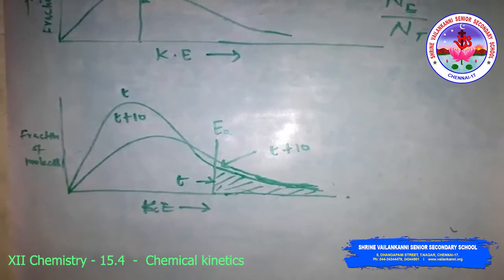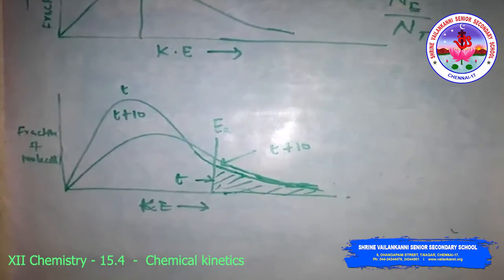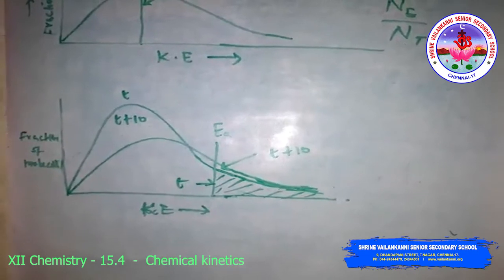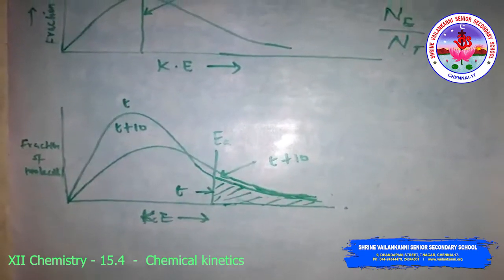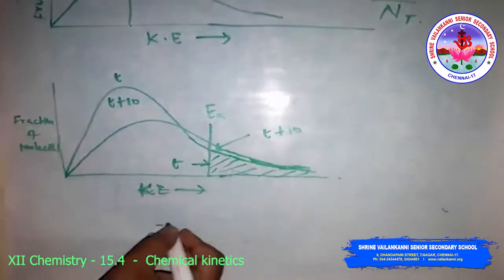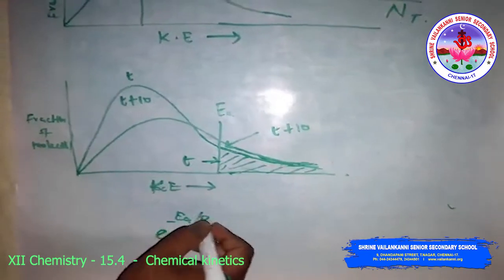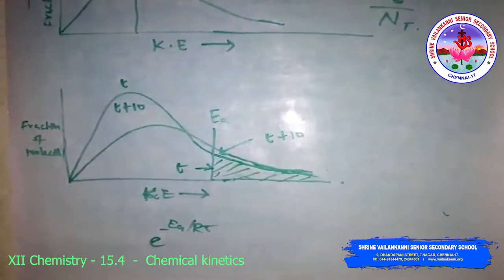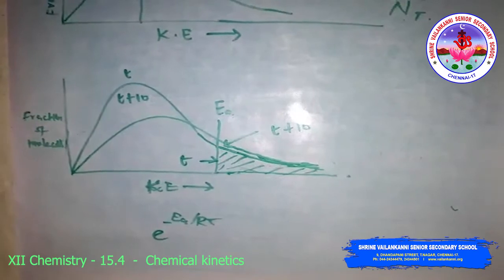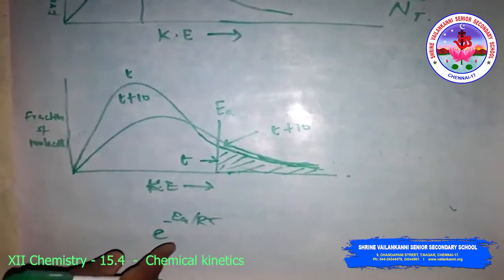Then we already know the Arrhenius equation. The factor e power minus Ea by RT corresponds to the fraction of molecules that have kinetic energy greater than Ea.